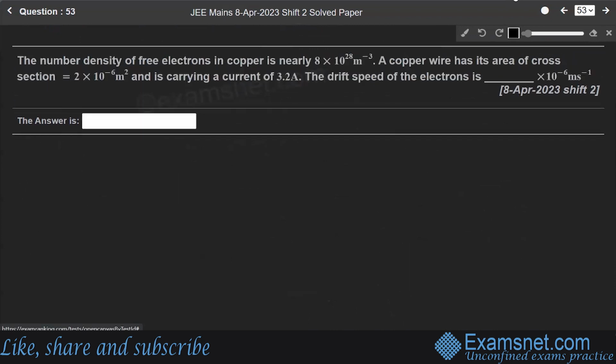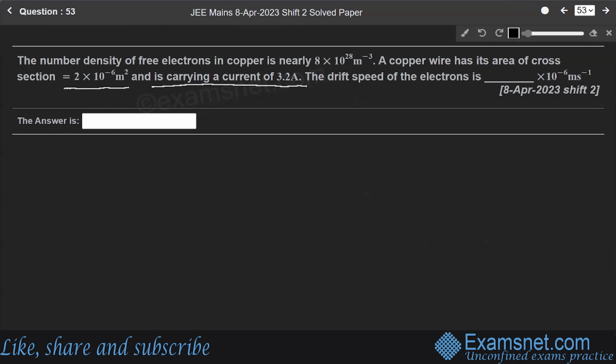Okay, now moving on to our next question, question number 53. This question says that the number density of free electrons in copper is nearly 8 into 10 to the power 28 per meter cube. A copper wire has its area of cross section equal to 2 into 10 to the power minus 6 meter square, and it is carrying a current of 3.2 ampere.